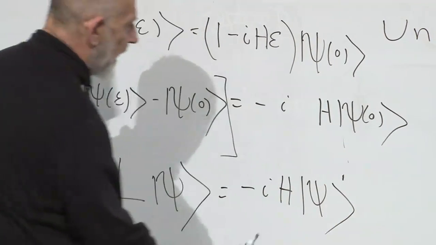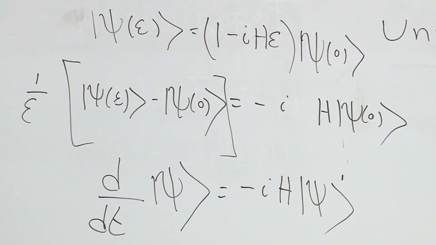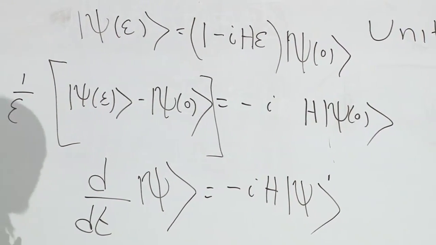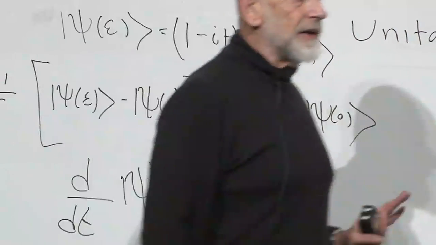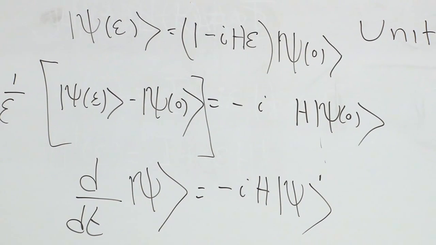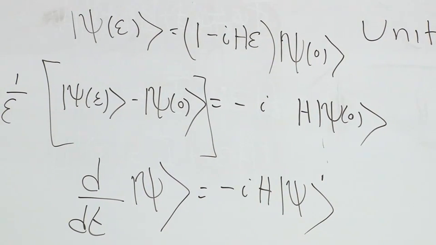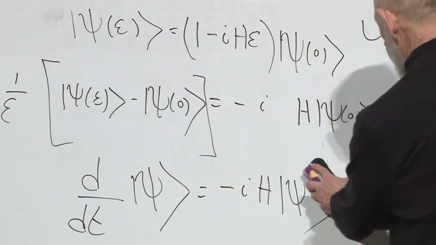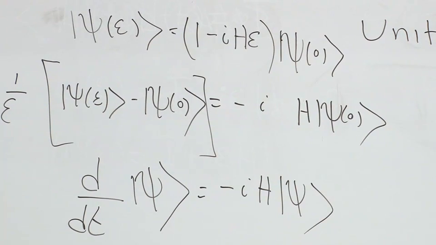At any given time, it doesn't have to be at time 0, if you want to find out how the state of the system changes over an incremental time interval, this is your equation.